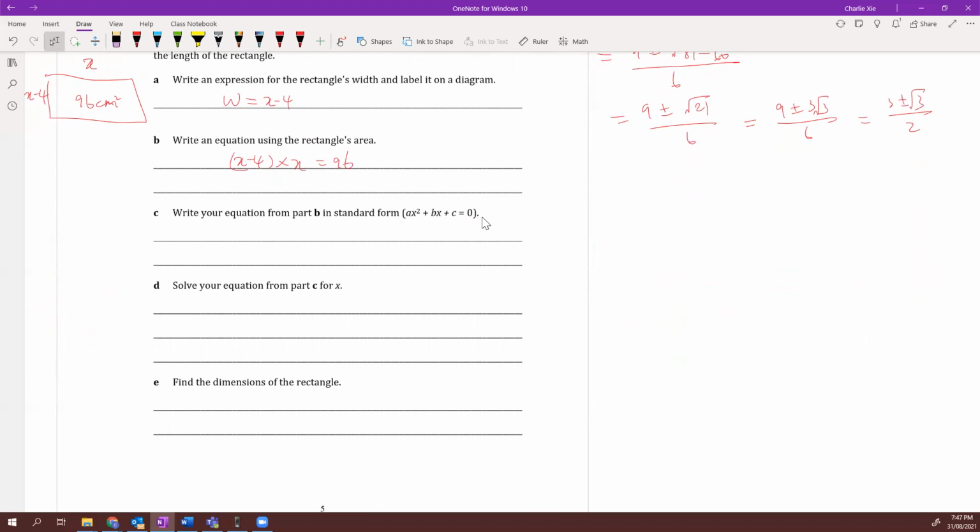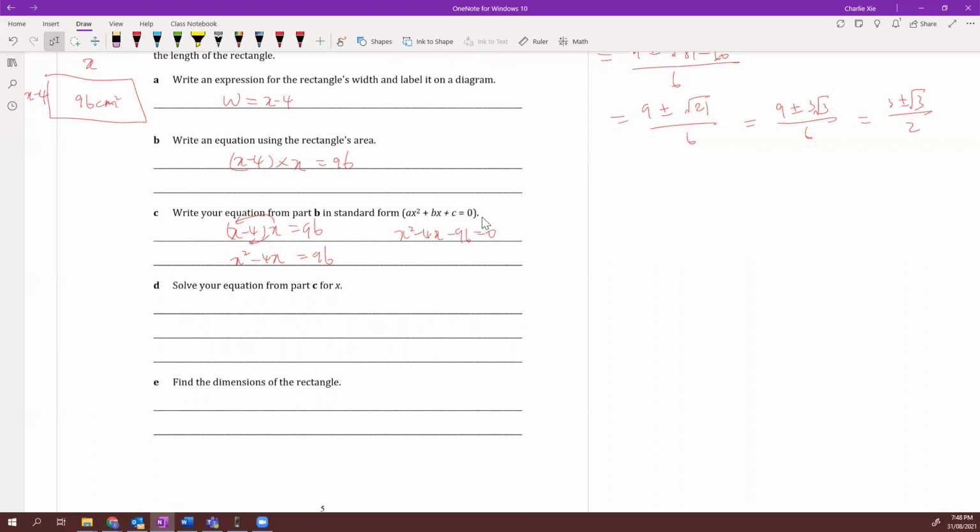So x minus 4, in brackets, times x equals 96. You can expand the bracket: x squared minus 4x equals 96. And move this 96 to the left-hand side. So x squared minus 4x minus 96 equals 0. So that's your standard form.